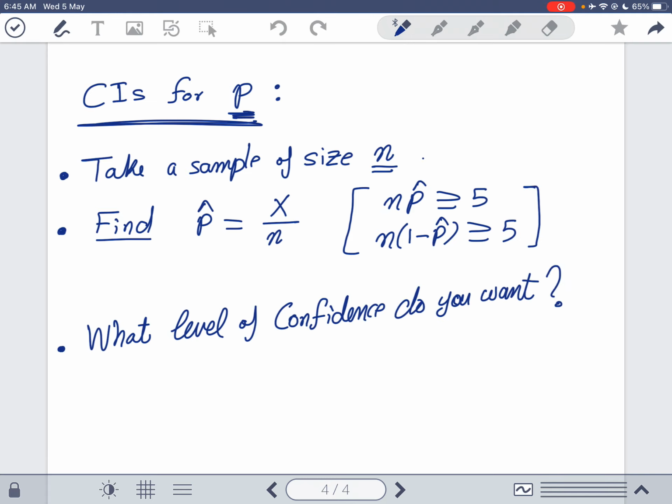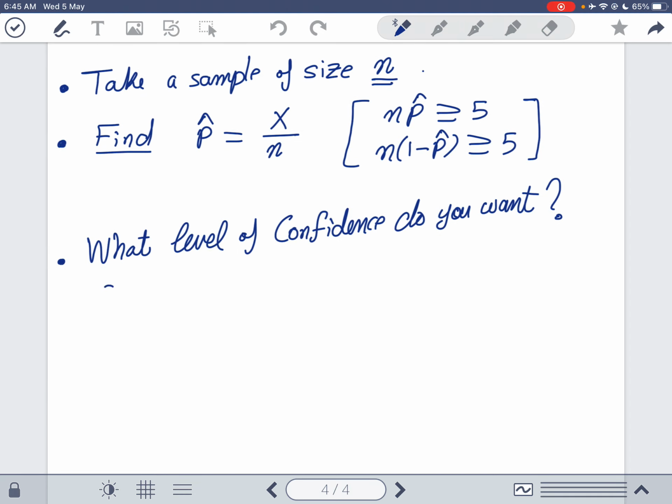If you remember, for example, if we want 90% confidence, then this will mean that the significance is 1 minus the confidence, which is 10%.